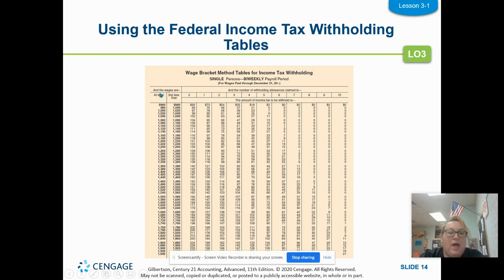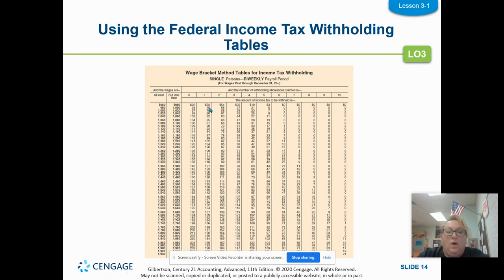Most people live around here at the top, and then you calculate by wages. Notice they go to at least $960, but less than $980. And then you notice the next number starts at $980. So remember, if it hits $980 exactly, you have to go to the next row, because if I do 980 and I have one allowance, there's 73 or 75.